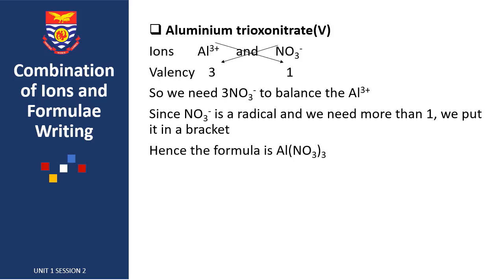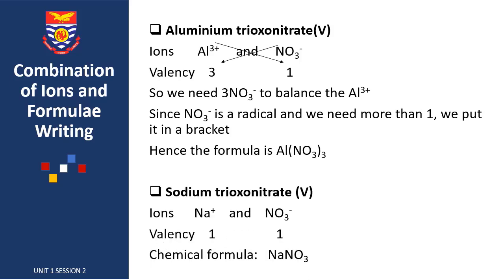So what we have written there indicates that we have 3 of the nitrogen atoms, and then we have 9 of the oxygen, and aluminium is outside. What is outside is multiplying the whole of what is inside. Alright, so this is going to give us a nice compound, which is our aluminium trioxonitrate 5.